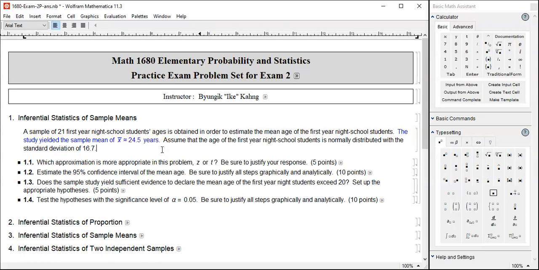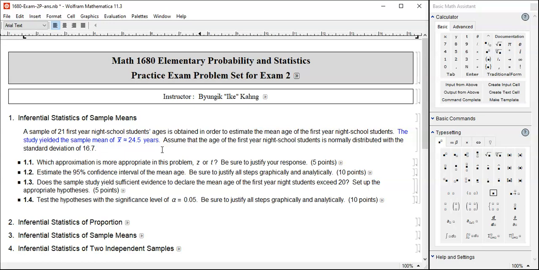Let's read again. The study yielded a sample mean of 24.5 years and the standard deviation of 16.7. Was it like this? No. It reads, the study yielded a sample mean of 24.5 years. Stop. No mentioning about sample standard deviation.